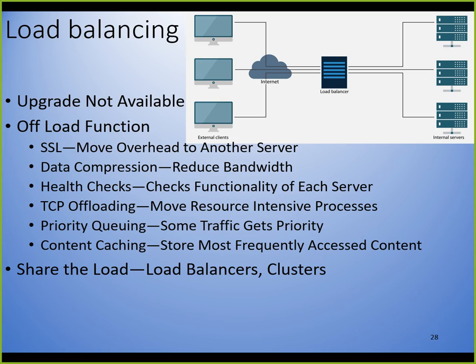The load balancer up here, we have internal servers, the load balancer here, the external clients are going here. So depending on how we have it configured, if we had a round robin arrangement, the first query would go here, the second one would go here, the third one would go here.